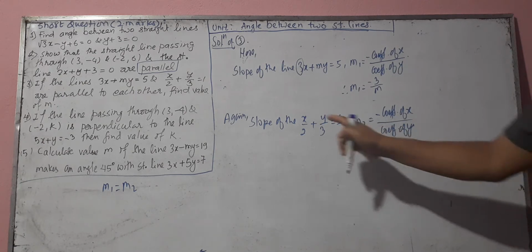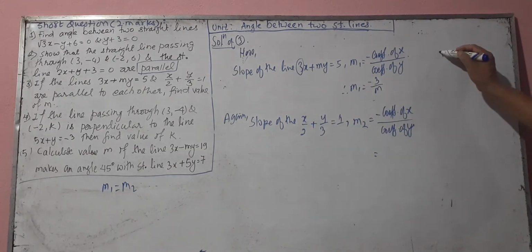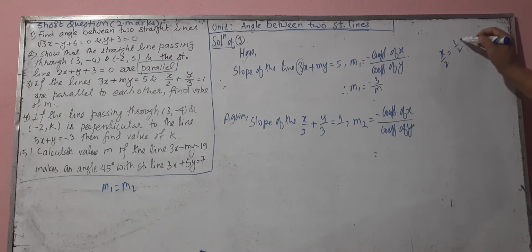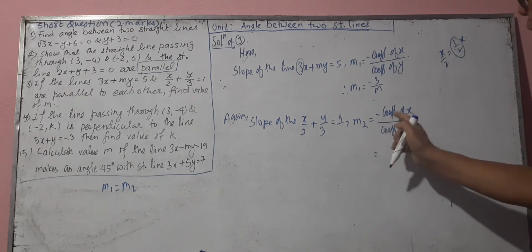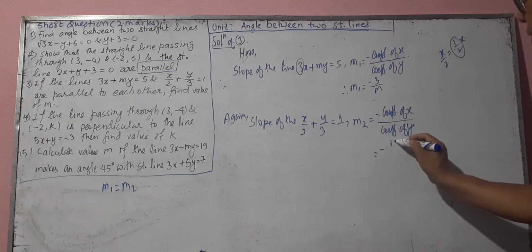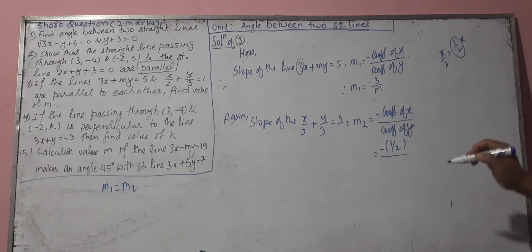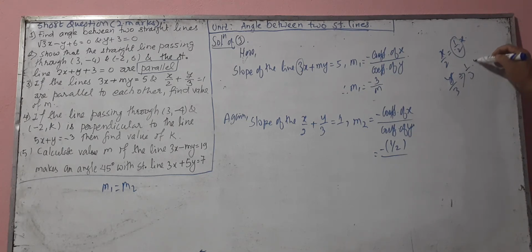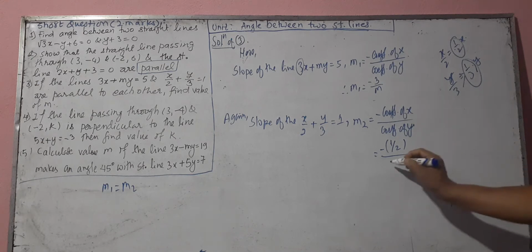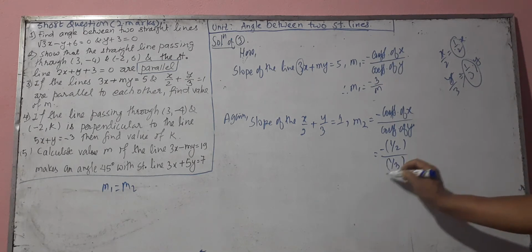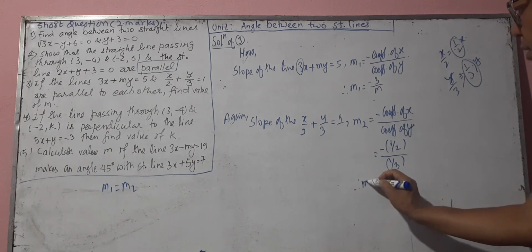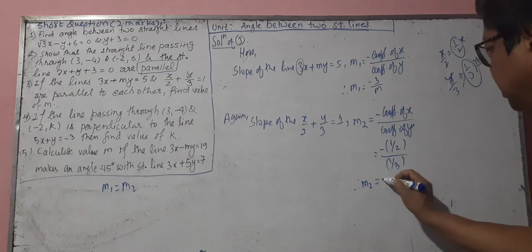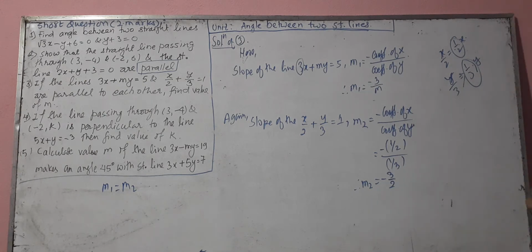Look here, x by 2 means 1 by 2 times x, so the coefficient of x is 1 by 2. Similarly, y by 3 means 1 by 3 times y, so the coefficient of y is 1 by 3. So therefore the second slope is -3 by 2.